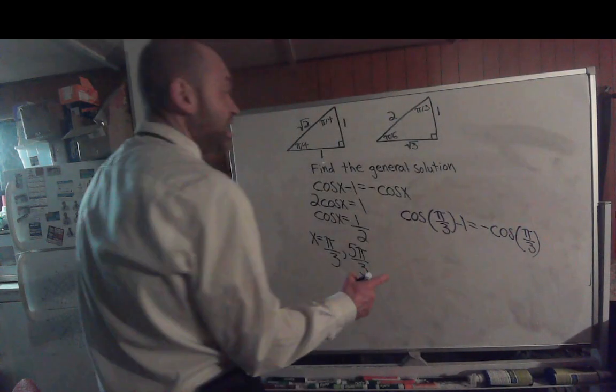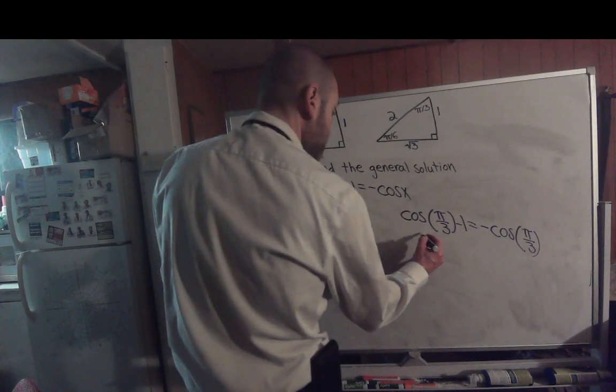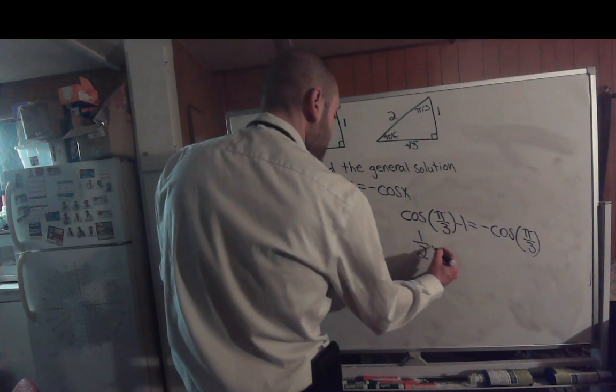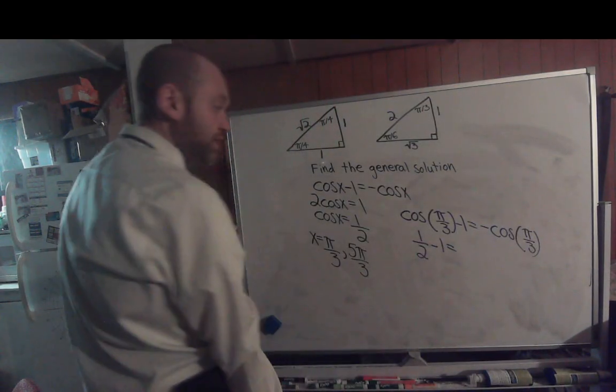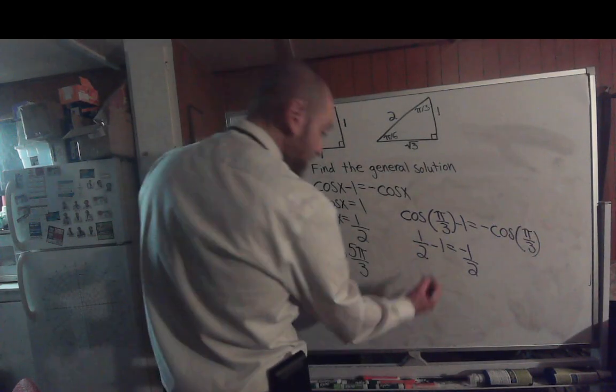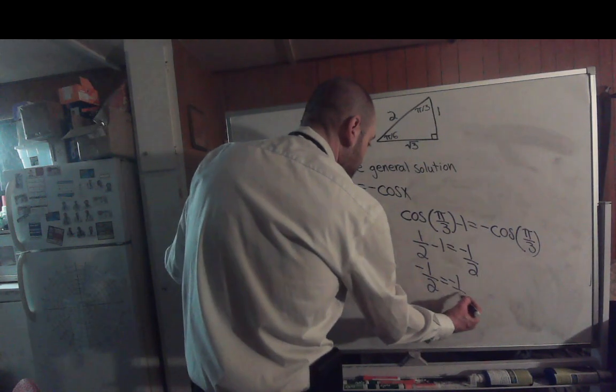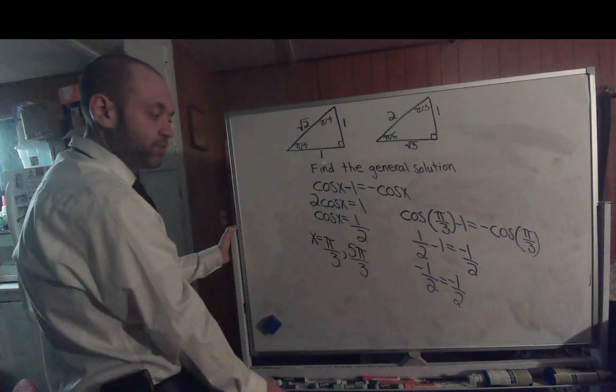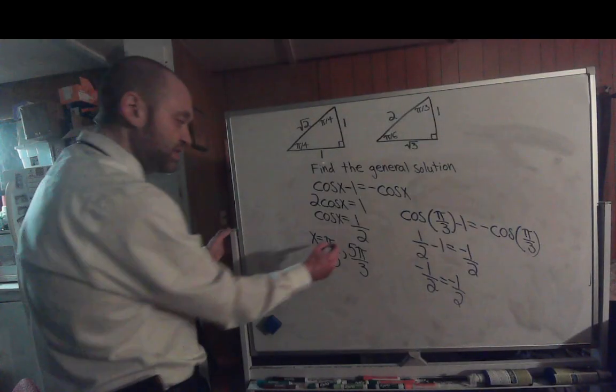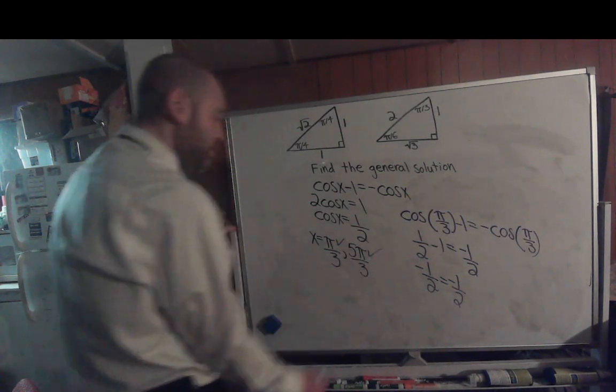So the cosine of pi over 3 is 1/2 minus 1. Would that equal negative 1/2? Yes, you actually would get negative 1/2 equals negative 1/2. And if we put in 5 pi over 3, you'll get the same thing. So both of these solutions actually check out.